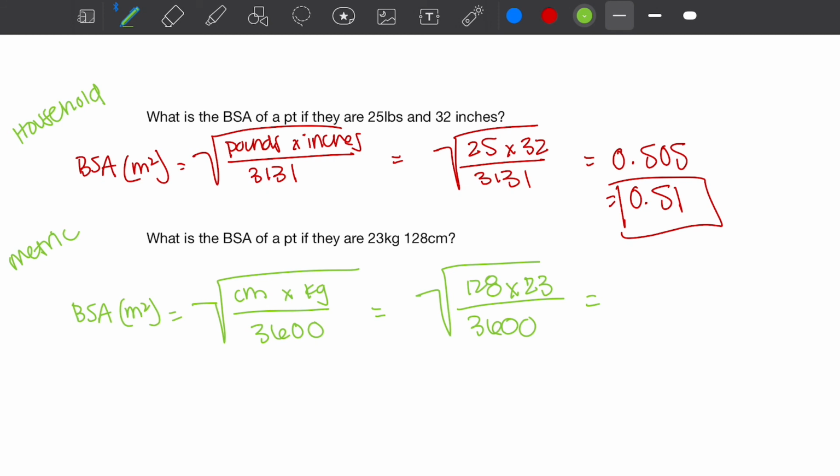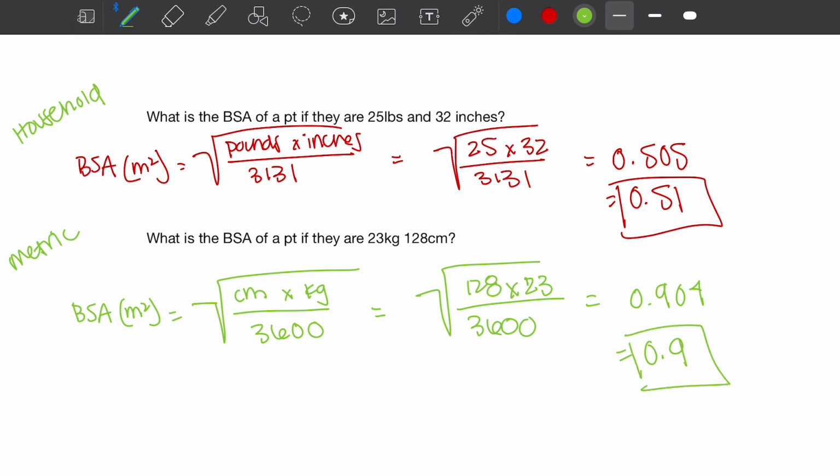So we're going to put this in our calculator, and we're going to say 128 times 23 equals, divided by 3600 equals, and then take the square root of that number. And it gives us 0.904. So we're just going to say 0.9.